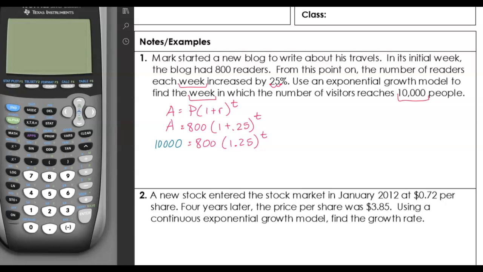Close, Kate. What operation is happening between 800 and 1.25? Is it addition? If we had been adding between the 800 and the 1.25, then we would have subtracted. But because it's multiplication, what do we do to get the 800 off of that 1.25?